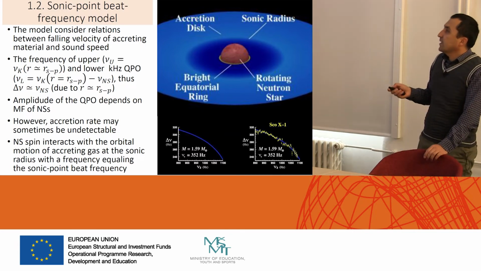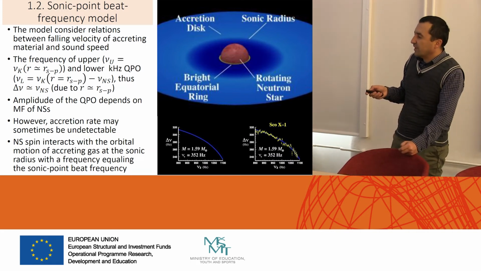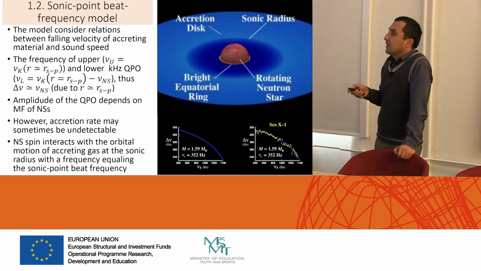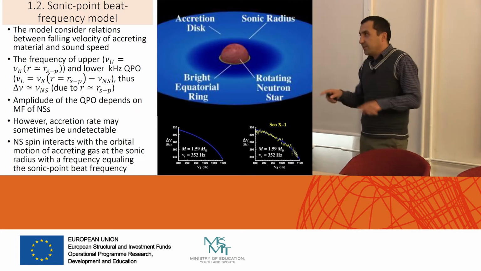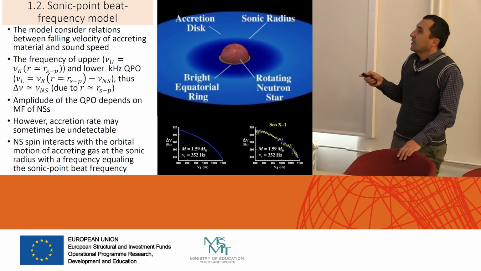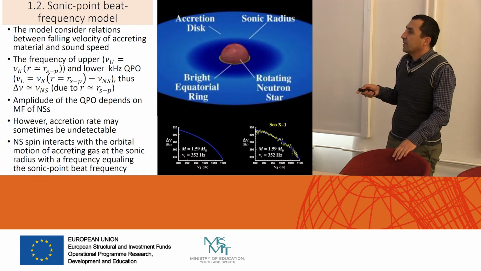And here, as an example, the frequency and the difference between the two peaks, and the ratio, are shown for Scorpius X-1. Here the mass is 1.59, and the sonic frequency of particles at the sonic radius is about 352.